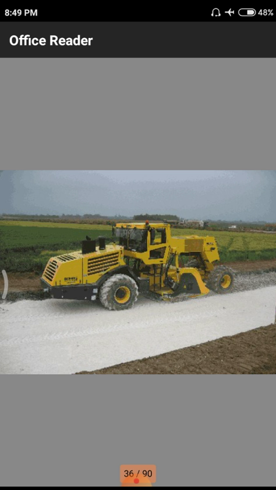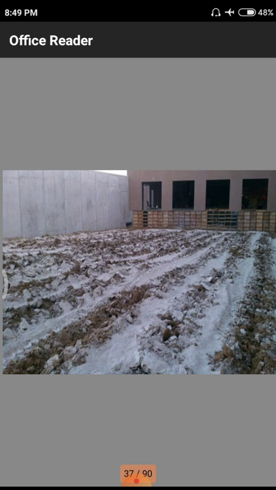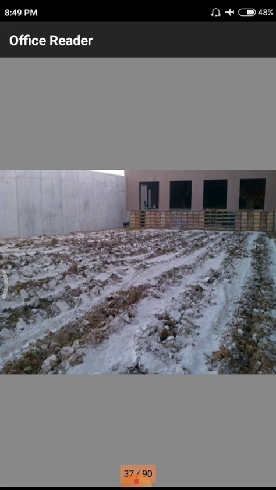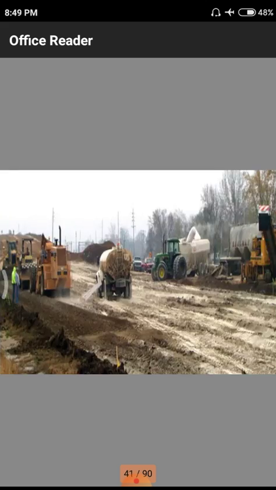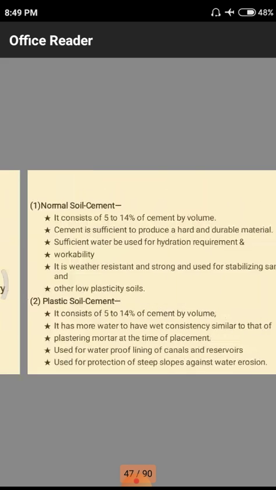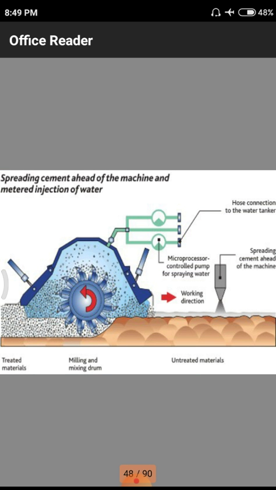In lime stabilization, we are not using any water content. We simply spread the lime on the soil layers and mix well. After that we do consolidation. This is also the same process, but in soil cement stabilization we use water content and the equipment is also very high.